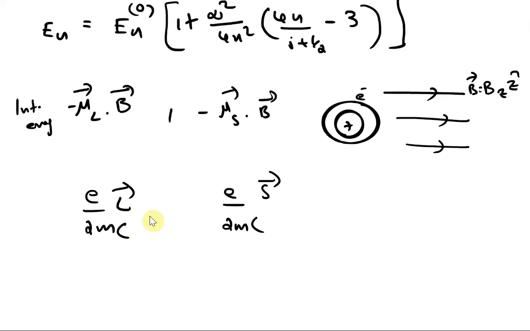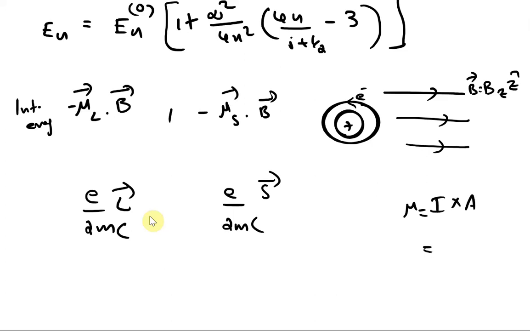Or to just show you, let's say this is a hydrogen atom and the electron is revolving around it in this direction. If the electron is rotating in this direction, you have a current in the opposite direction, so it's like a current carrying circular coil. So you know what the magnetic moment mu associated with that is going to be. That is nothing but current into area.